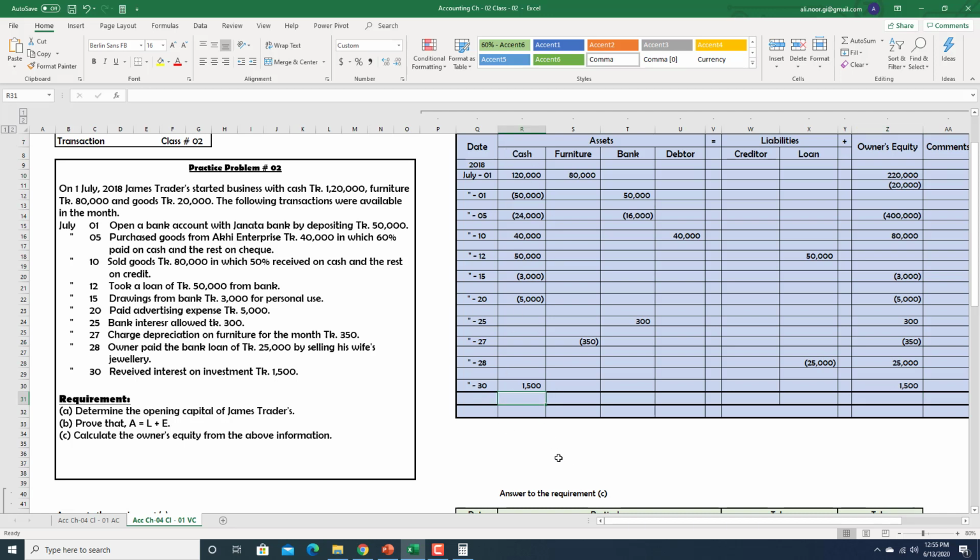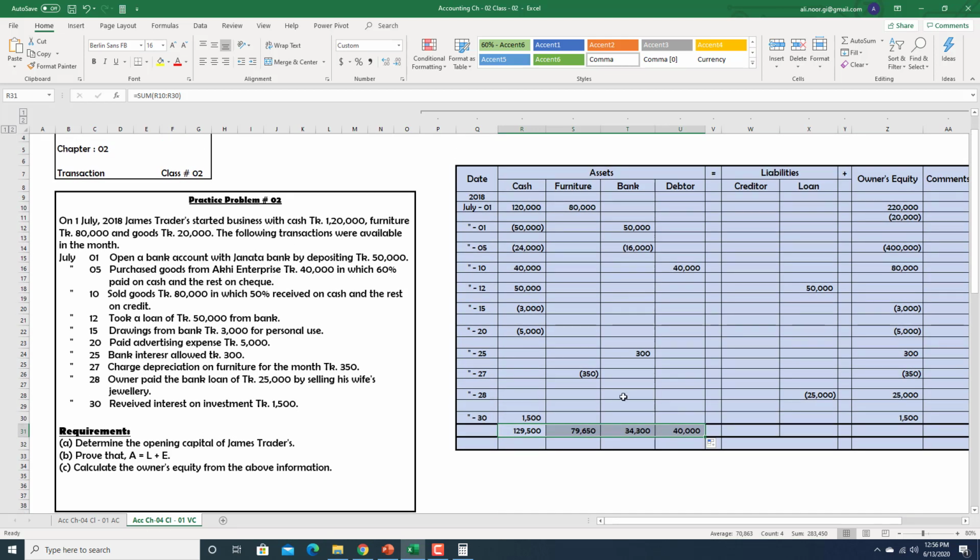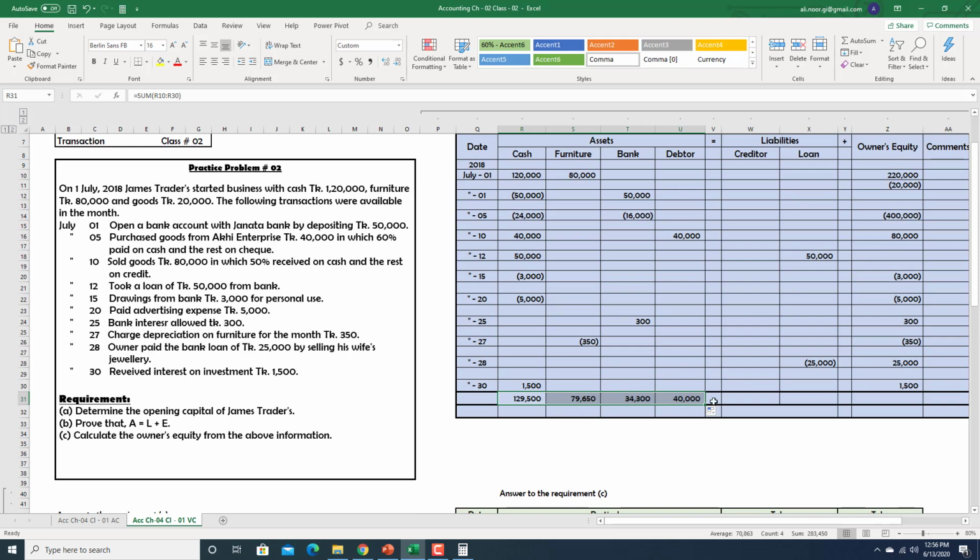Let's say the sum of all these transactions, cash is 1,29,500. I'm saying that I used the Microsoft Excel software here, so please ignore the Excel mechanism, just focus on the accounting solution that I'm showing here.